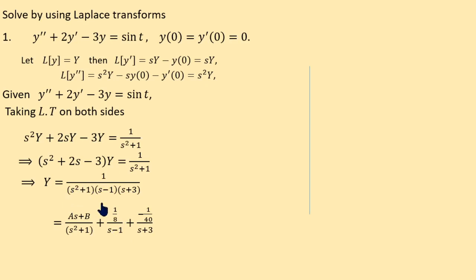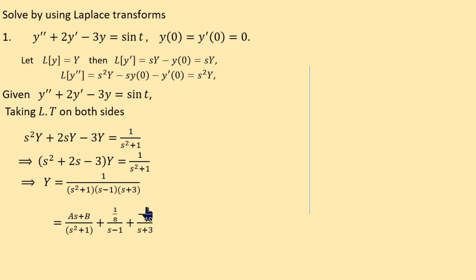So 1 plus 1 is 2, 1 plus 3 is 4, so totally 8, 1 by 8. So that is c. And this is d. How to find d? Close this s plus 3, 1 by s square plus 1 into s minus 1 with s equal to minus 3. So minus 3 square is 9, 9 plus 1 is 10 into minus 4. So minus 40, 1 by minus 40, minus 1 by 40.